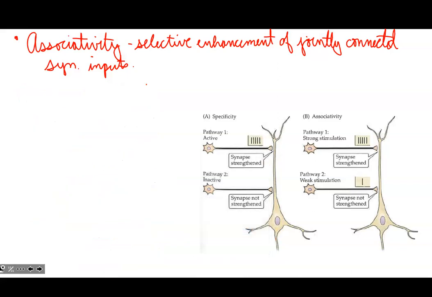So let's look at pathway B here. Well, we know that pathway 1, just like we said last time, high frequency stimulation leads to LTP when we stimulate after the high frequency stimulus.